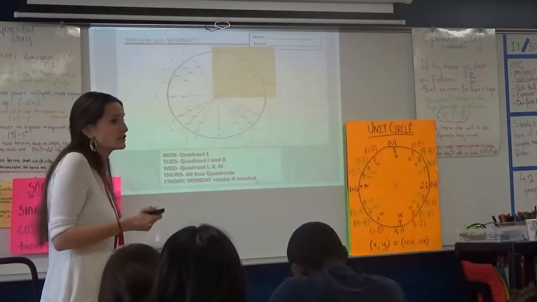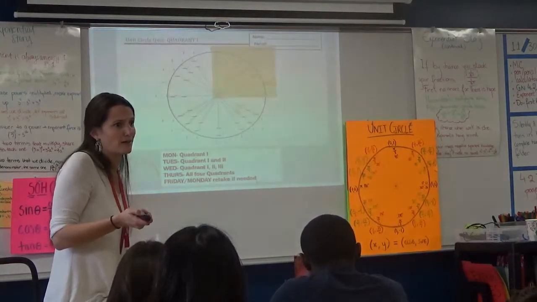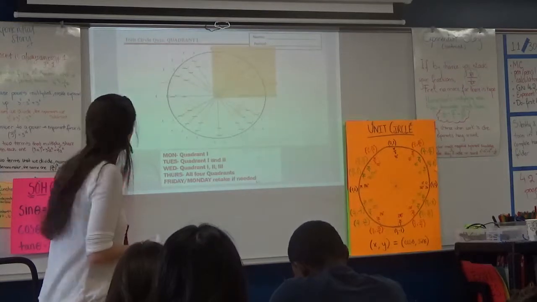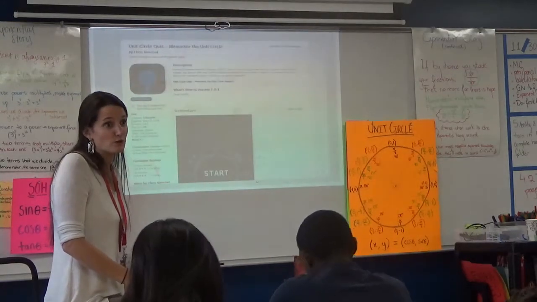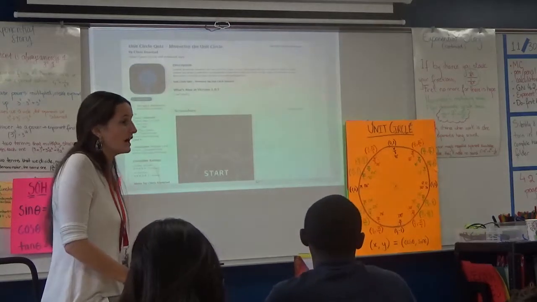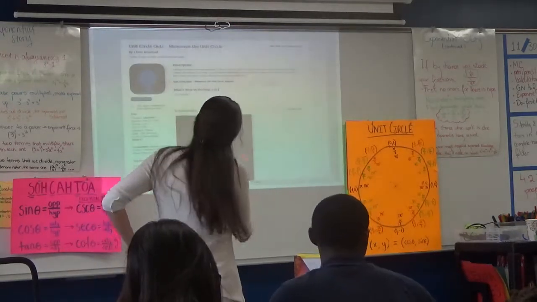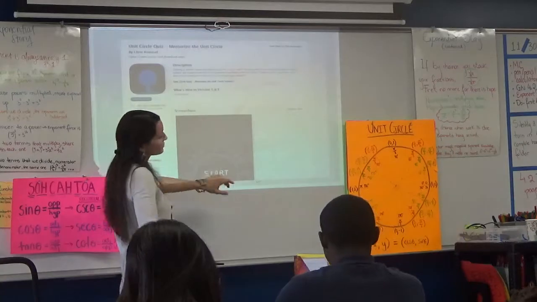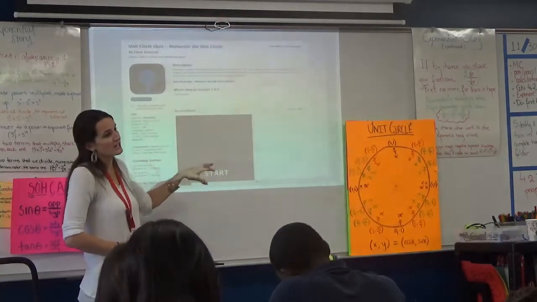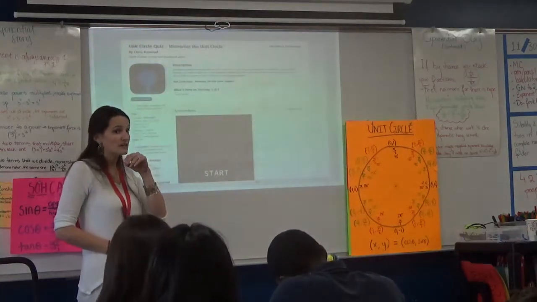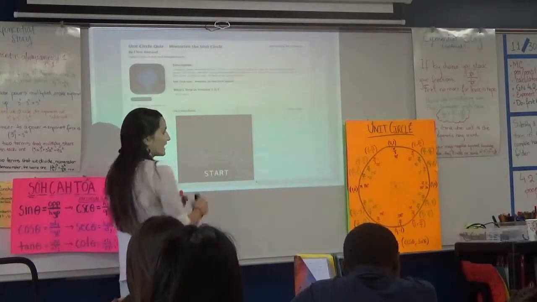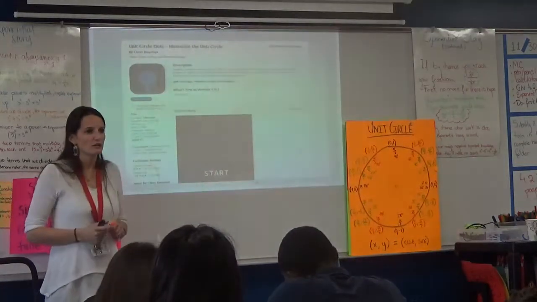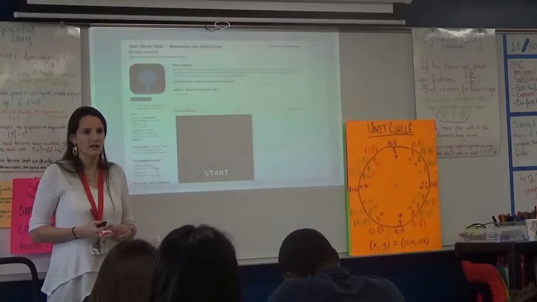Also, check out on your iPhone, there's lots of apps to help you out. I think I mentioned this yesterday. One of them is called the Unit Circle Quiz, very creative name. So if you search that in your apps, I've used it before and used it for some people last year. Basically it gives you either an angle in radians, an angle in degrees, or a point, and you need to think about where it is on the circle, and click, and it either lights up green or red, and then it gives you a little score at the end.